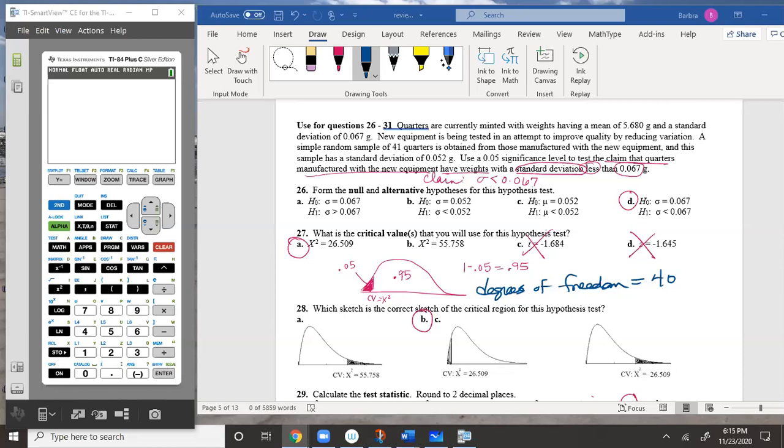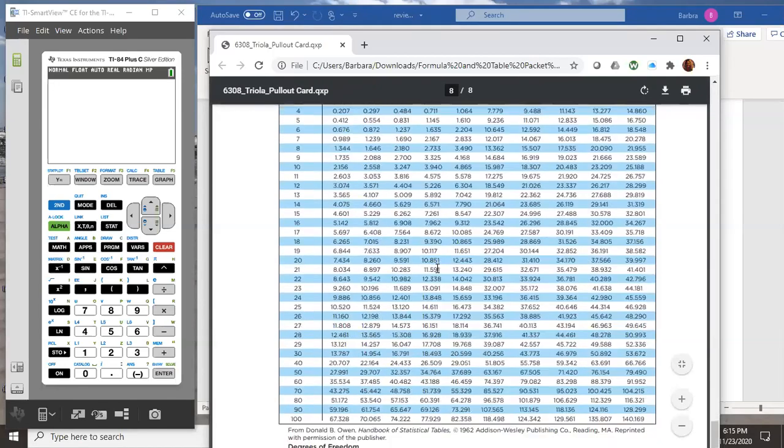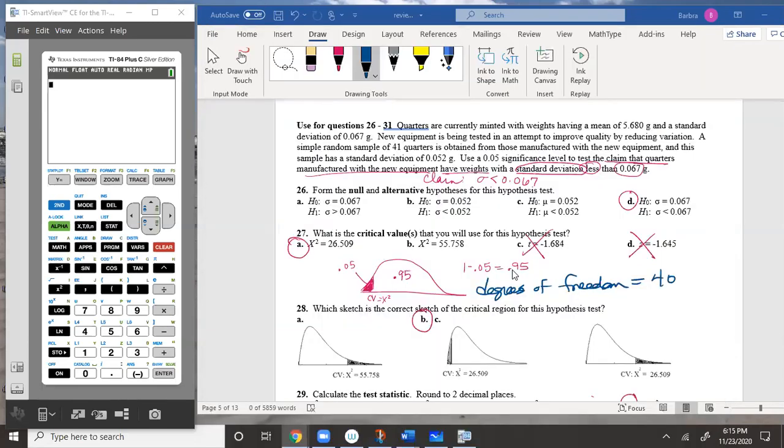So we definitely have to get the area to the right, and the degrees of freedom is 40. We're going to use the fourth row here because the area is 0.95, and scroll down to 40. And so the critical value is 26.509. So the correct answer for 27 is A.